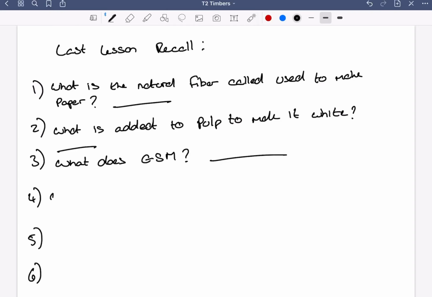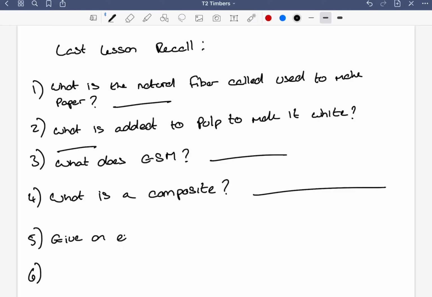What is a composite? What is a composite? Give an example. So give me an example of a composite.